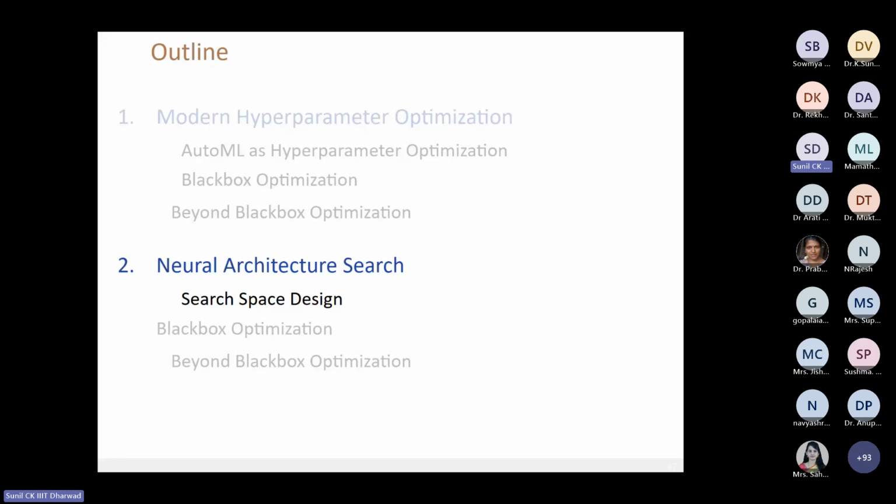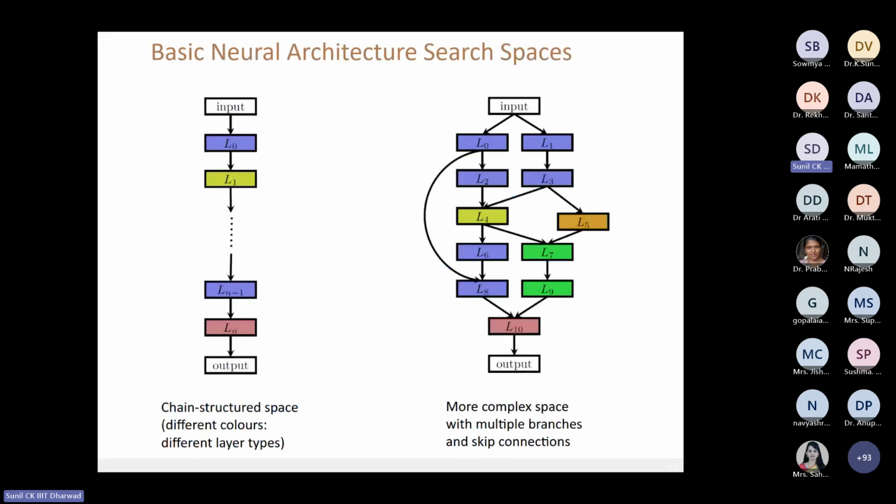So, neural architecture search. Here the chain structured space is being used. The input to the next layer is the output of the previous layer. The input is given to layer L0, L1 depends on L0, and L minus 1 depends on L minus 2, something like that.